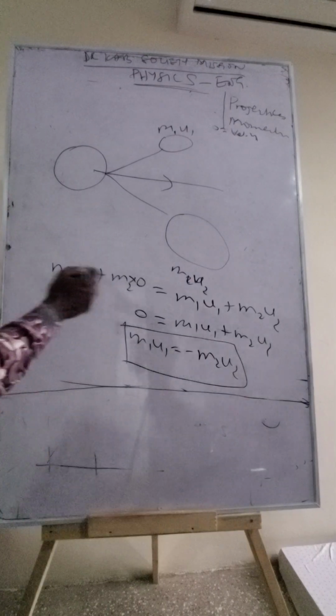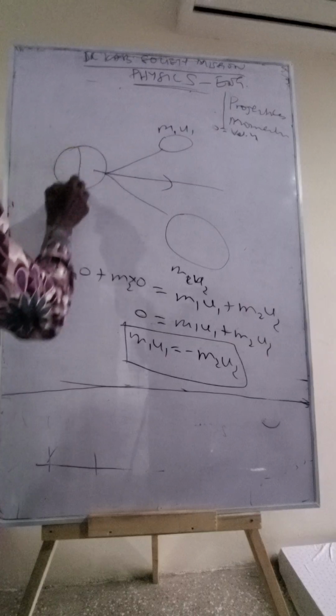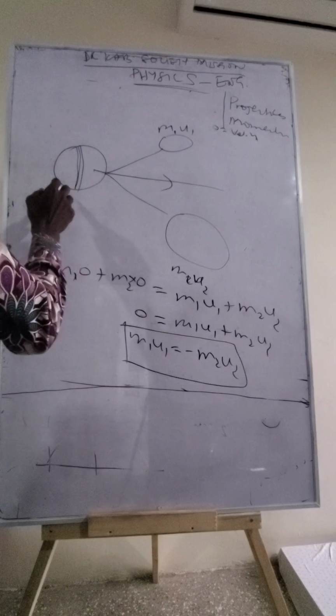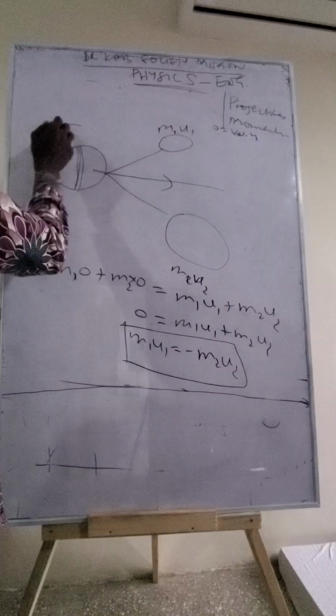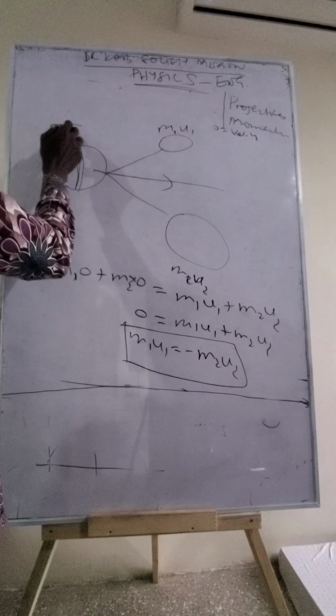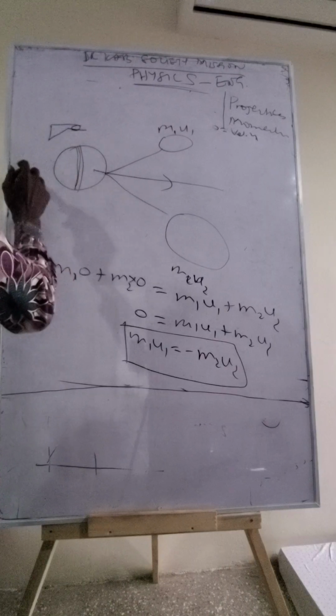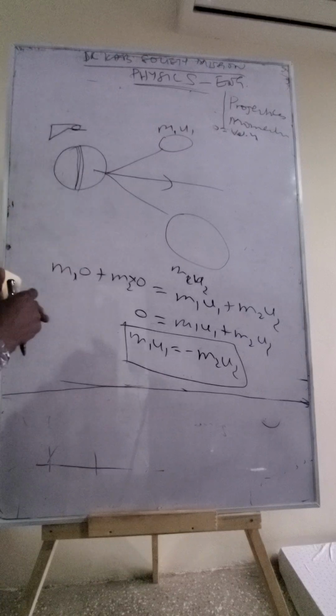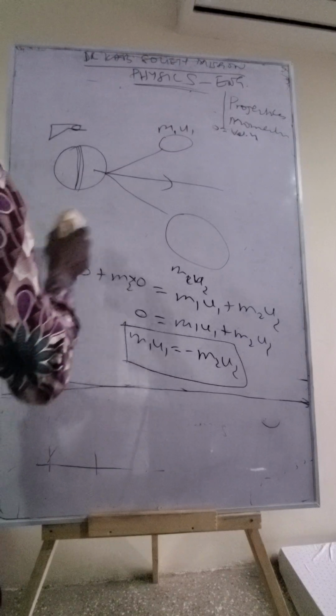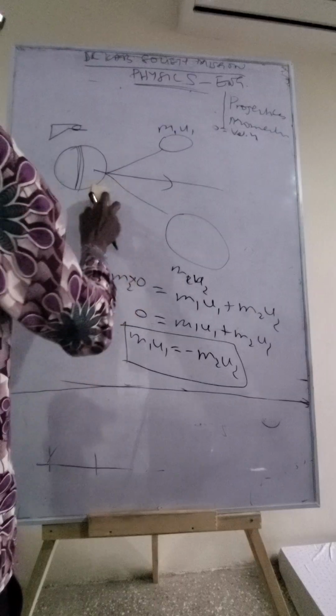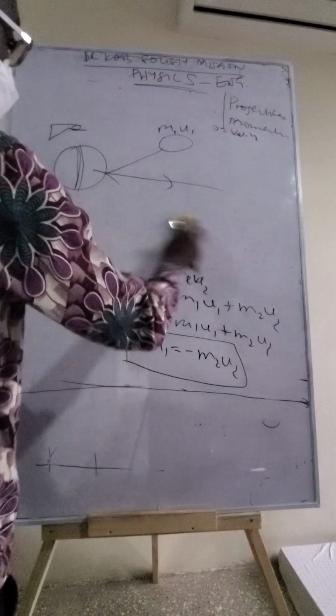So this kind of equation represents something like two bodies. We can assume this one to be a gun with a bullet in it. In that sense, it typically fits this equation.